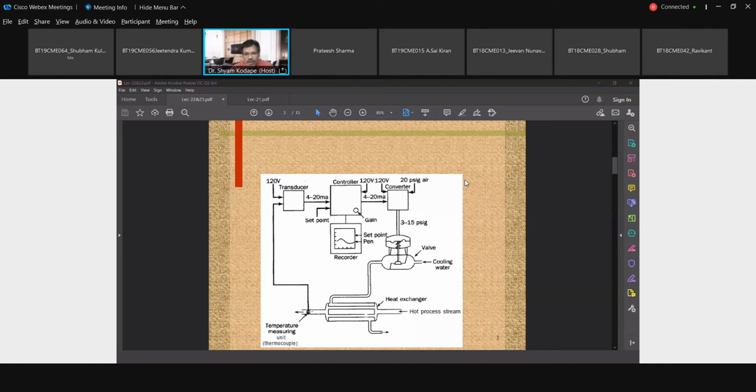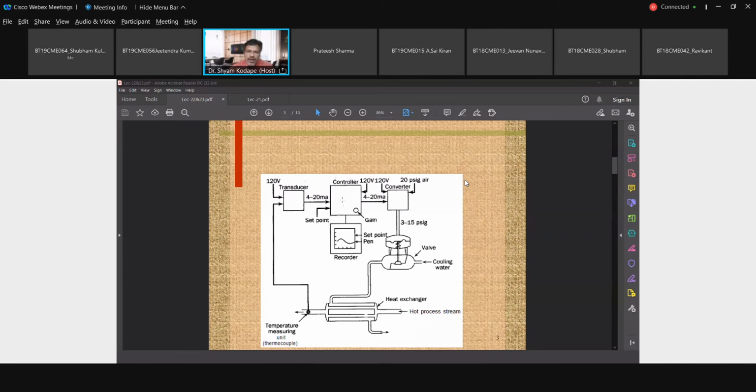On the tube side I will put a temperature measuring element. It will sense the temperature here and send it to the transducer. The transducer is a component which will convert the temperature signal into electric current for the controller, because controllers sense electric signals only.